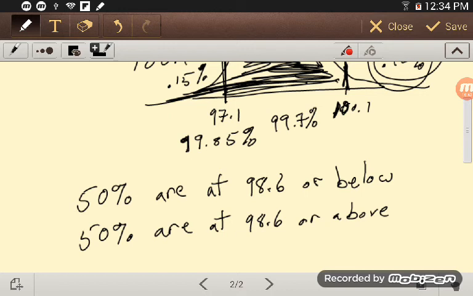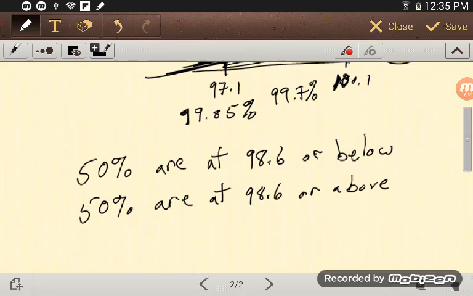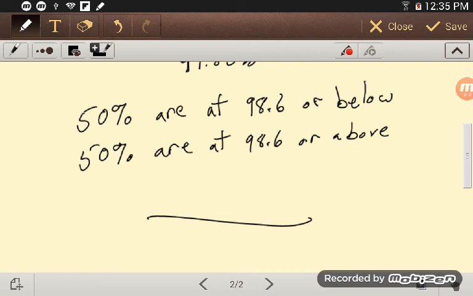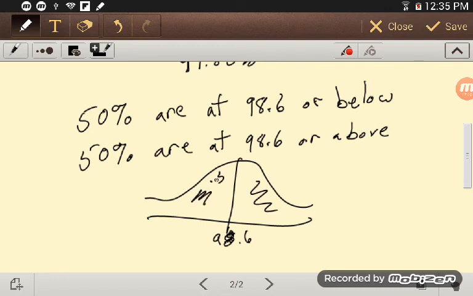Again, with continuous things, equality doesn't change things, so we would just say 50% in either direction from the 98.6. And that comes from the symmetry here, right? There's 98.6, oops, 98.6. And I know that half is here, half is there, so 0.5, 0.5, because it's symmetric. They look the same.